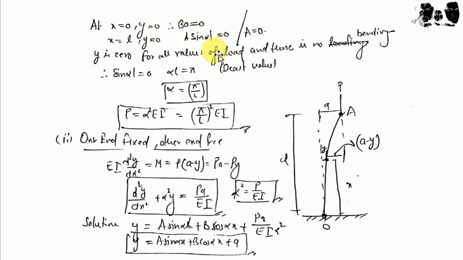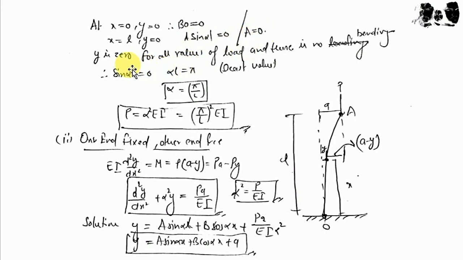The next thing we can say is that either a is equal to 0, or sin alpha L is equal to 0. Both conditions exist. But if constant a is 0, then this sin alpha L condition cannot exist, so the solution cannot happen. So we assume that a is equal to 0 cannot be the case.